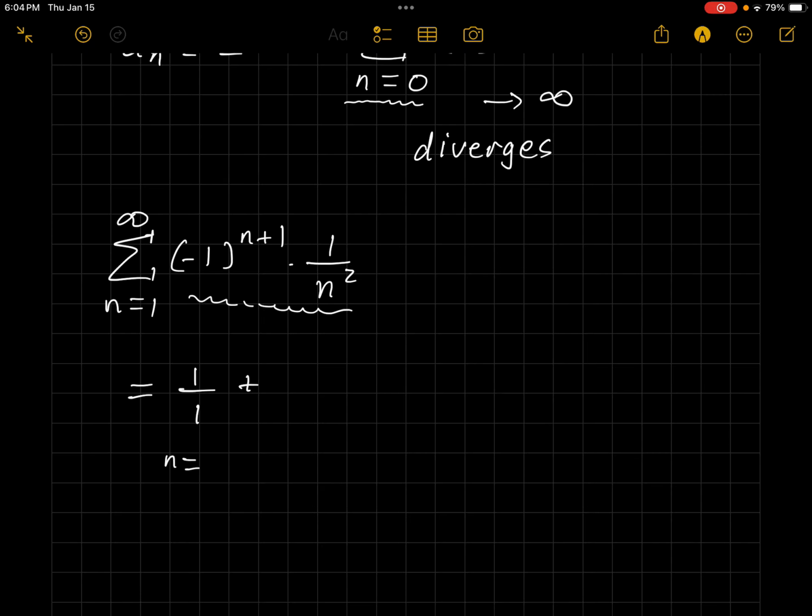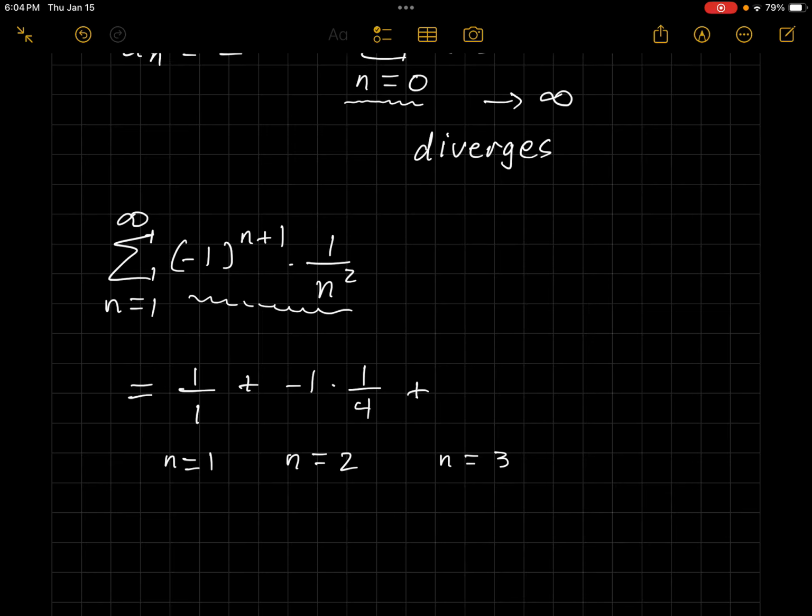I'll actually write that down here. So we start at n equals 1. Now we need n equals 2. So we get negative 1 cubed, which is negative, times 1 over 2 squared. And then we'll do n equals 3.